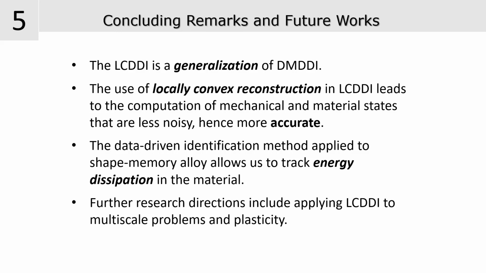And we've also seen that the use of locally convex reconstruction in LCDDI leads to the computation of mechanical and material states that are more accurate. And finally, by combining digital image correlation with data-driven identification, we've been able to closely observe energy dissipation in a shape memory alloy specimen.